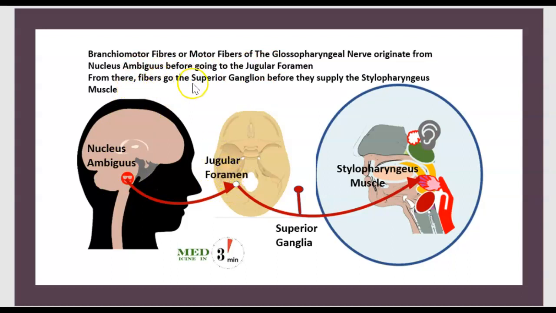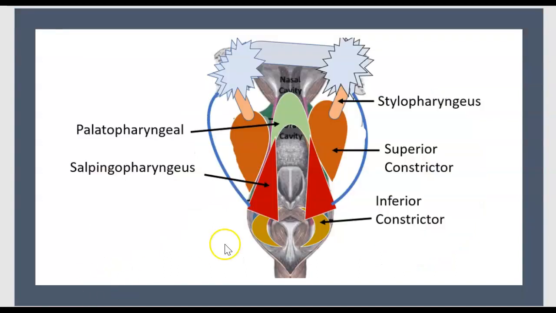From there, fibers go to the superior ganglion before they supply the stylopharyngeus muscle. Here are the pharyngeal muscles. Here is the stylopharyngeus muscle. All these muscles are innervated by the vagus nerve except the stylopharyngeus muscle, which is innervated by the glossopharyngeal nerve, cranial nerve 9.